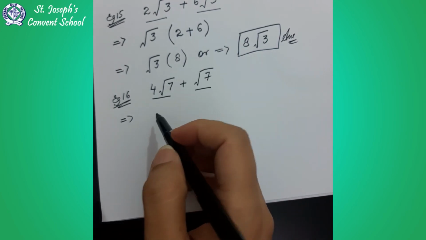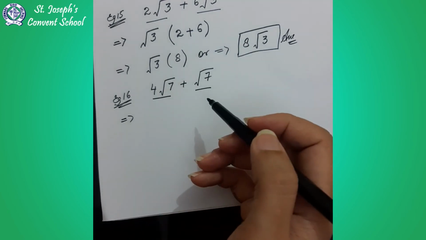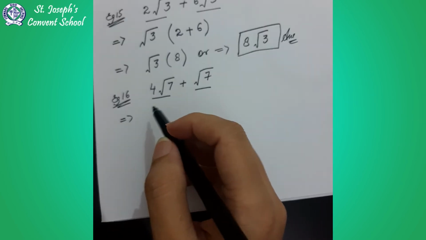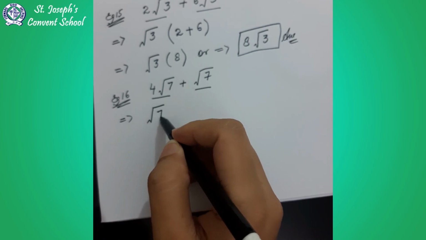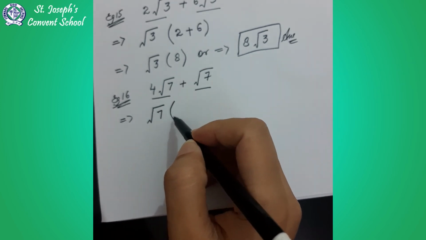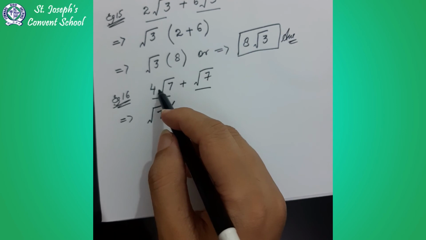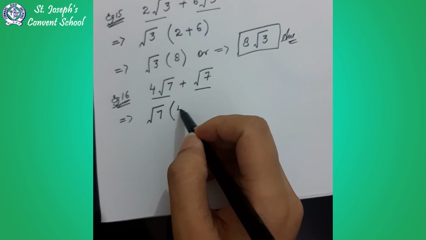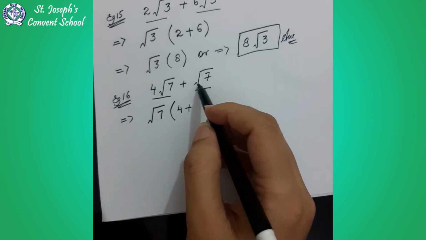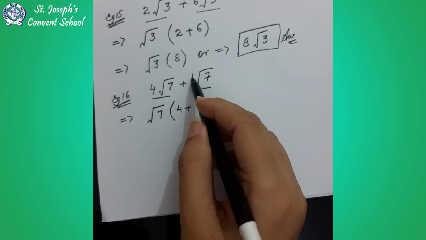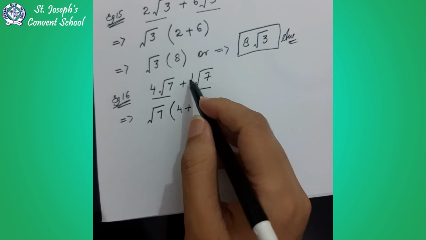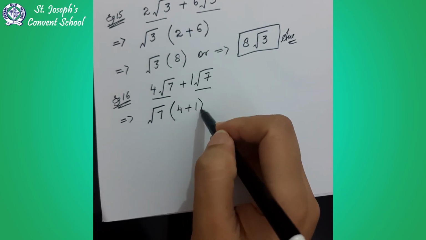So when the root is the same, you can add them. So we take out the common; always take out the common. Root 7 is common, with the remaining terms in the bracket. From here, root 7 is common, so the remaining term is 4. Plus here root 7 is common, and the remaining term, nothing is written here, it is understood that it is 1. So we will write plus 1.